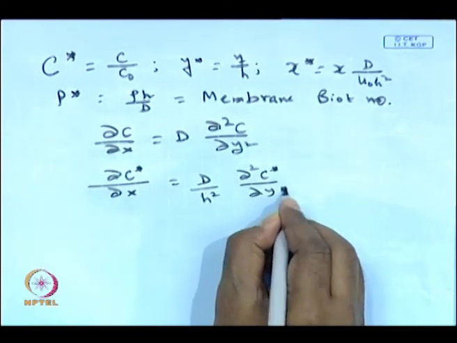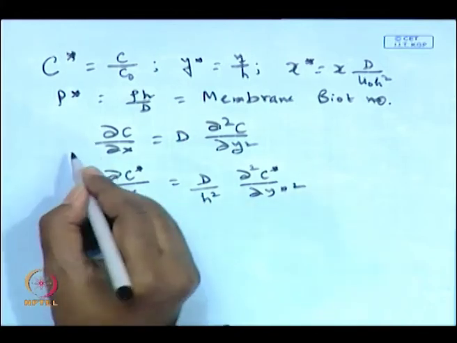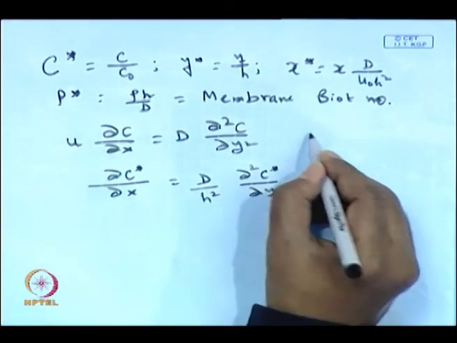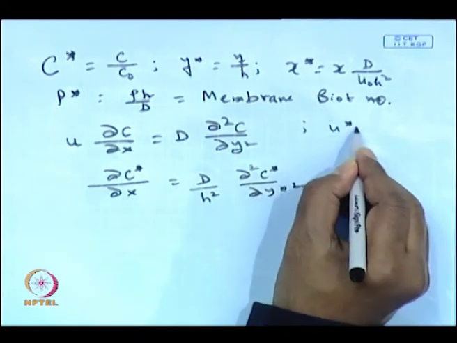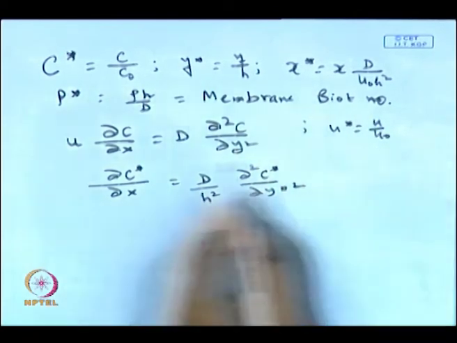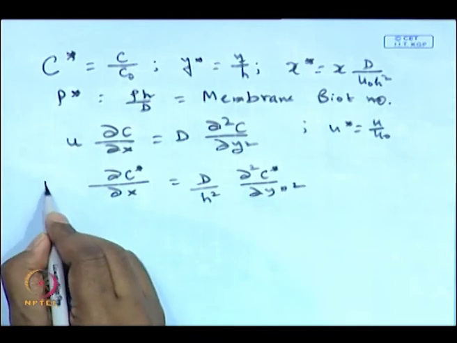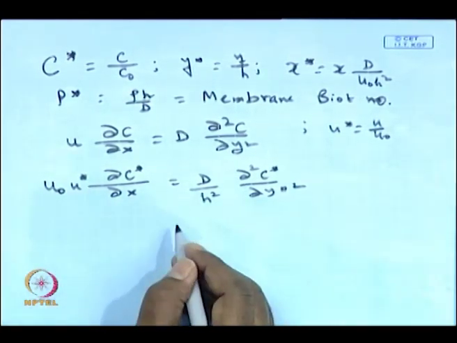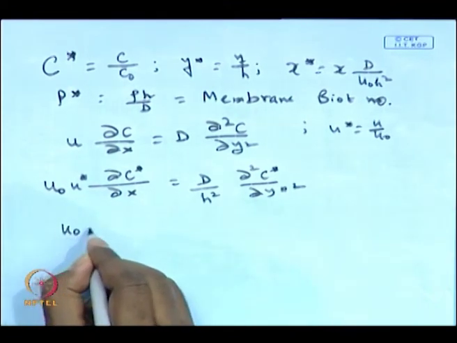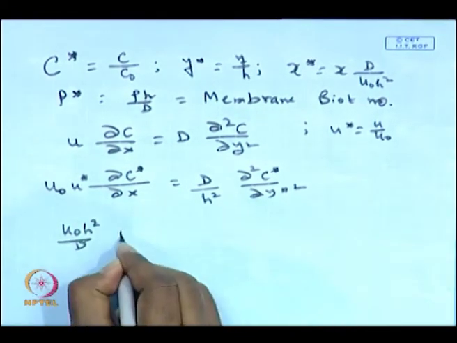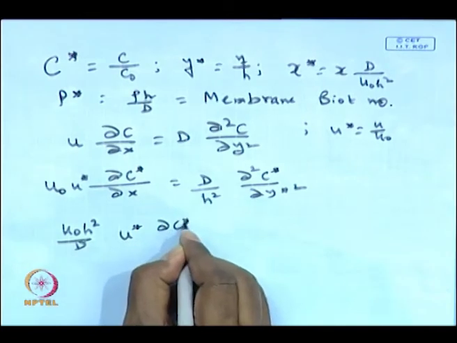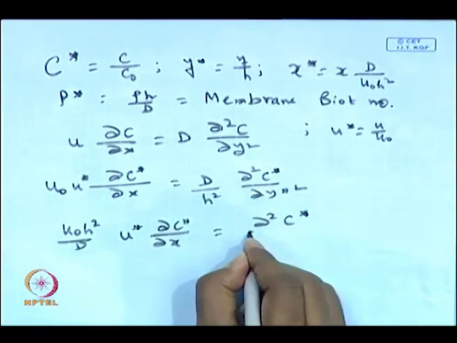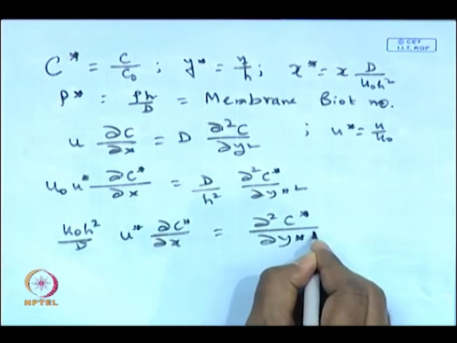Okay, there was a U there. So you can define U star is equal to U by U naught, therefore it will be U naught U star. Multiply both sides by H square by D. So it becomes U 0 H square by D, U star del C star del X is equal to del square C star del Y star square.